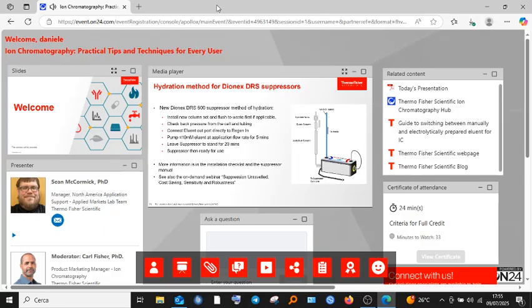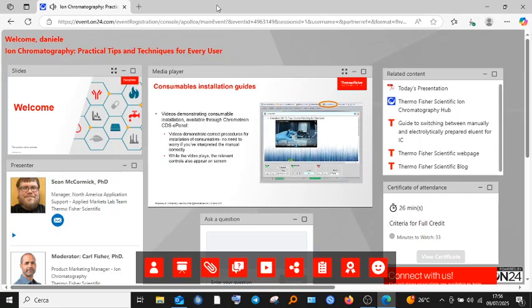Sometimes during the initial hydration of a suppressor, some of the fines of the resin within the suppressor or small particles will come out and could possibly clog your detector. Leaving your detector out of this allows for those to go to the waste, and we won't have any clogs.